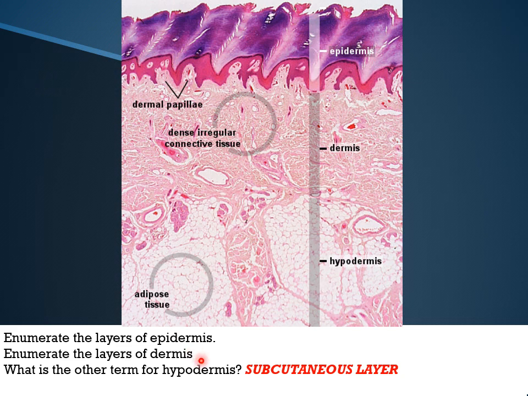So, tatanungin natin yan pagdating sa exam. What is the other term for hypodermis? It is the subcutaneous layer. So, bakit hindi siya dapat kasama sa part ng integumentary system? Dahil iba yung kanyang functionality and hindi siya nag-share ng the same type of cells and connective tissue as compared to your skin.